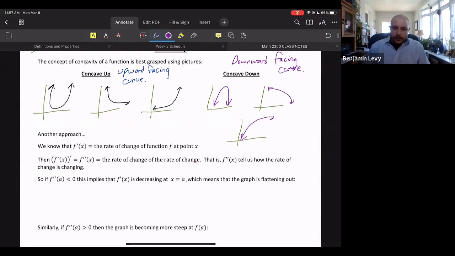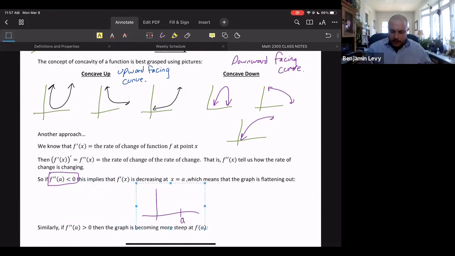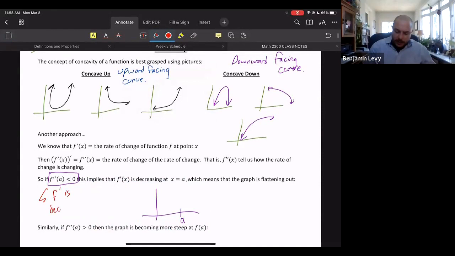So let's draw another picture. And let's say that the second derivative is negative at some point, A. So here's A. Let's draw a graph. If the rate of change is decreasing, maybe I should slide this over and write something here. Right, so second derivative being negative means the rate of change, f prime, is decreasing.